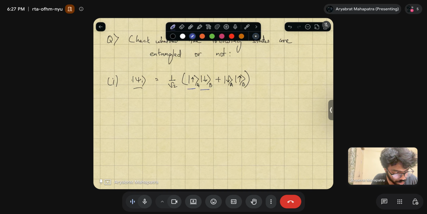we have this A tensor product with B. Sorry, this is A, and it can also have the down state. The same here as well.